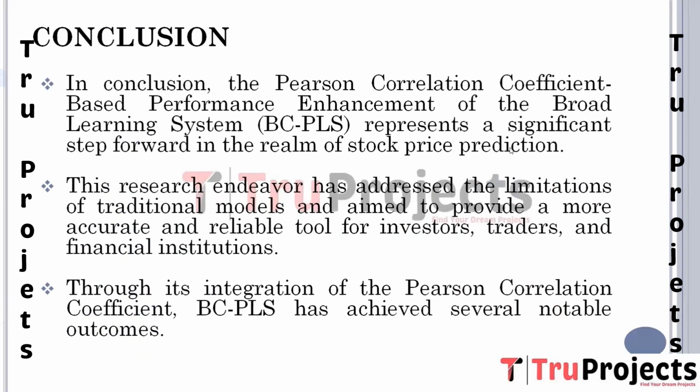Through its integration of the Pearson correlation coefficient, BCPLS has achieved several notable outcomes. Voting regression and linear regression are built as an extension for feature values, and linear regression is used for prediction since it gives a better R2 score and MSE value compared with other models. So here we have completed our project.